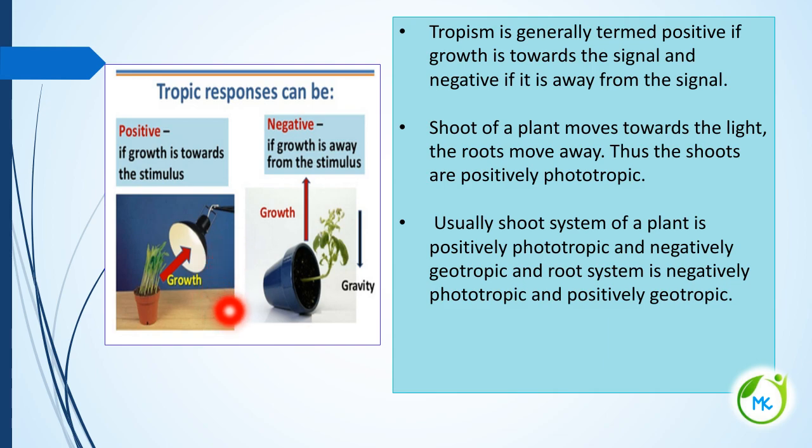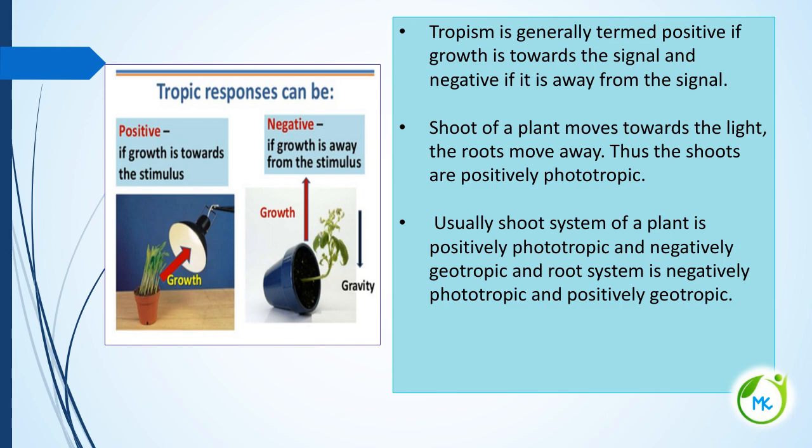Similarly, if the shoot of the plant is going to grow away from the gravity, so the growth of the stem is away from the gravity, we can say this is negative geotropism.